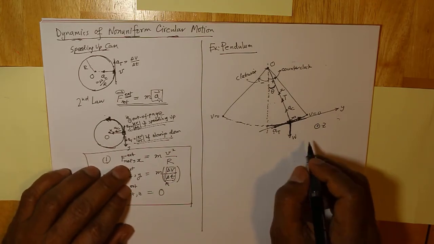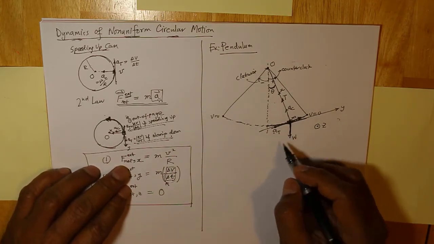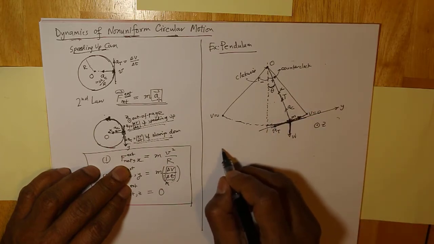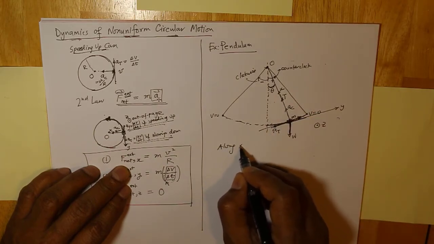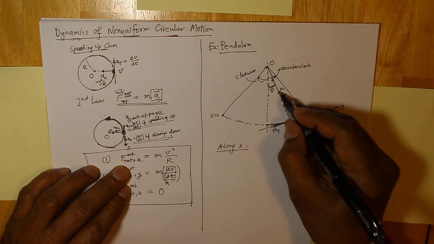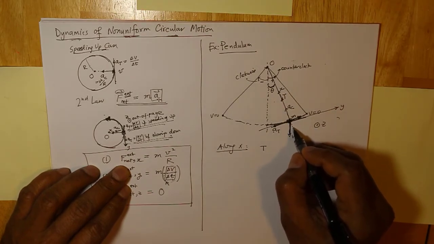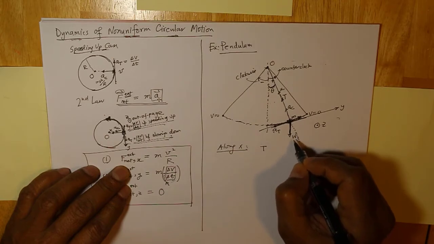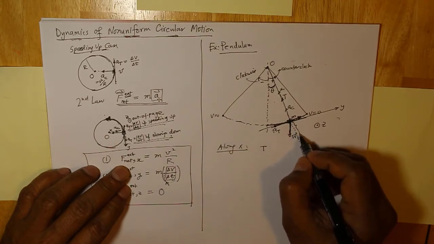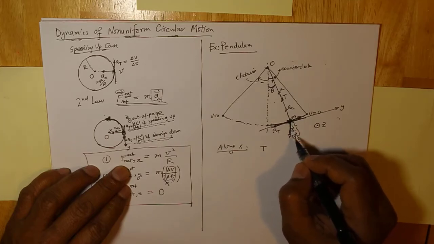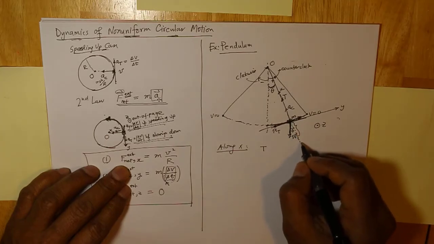When we look at the x component, T has the component T, and W has a component which is this much, and this angle is theta. So this is adjacent, and it's negative.